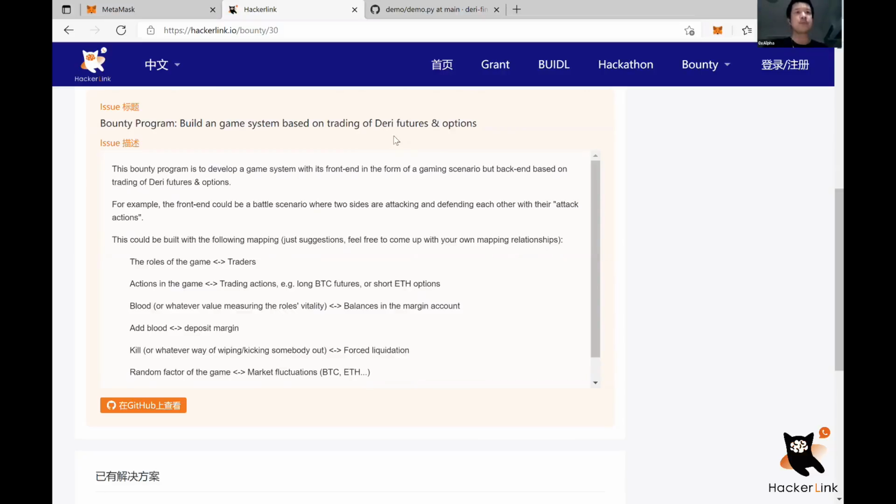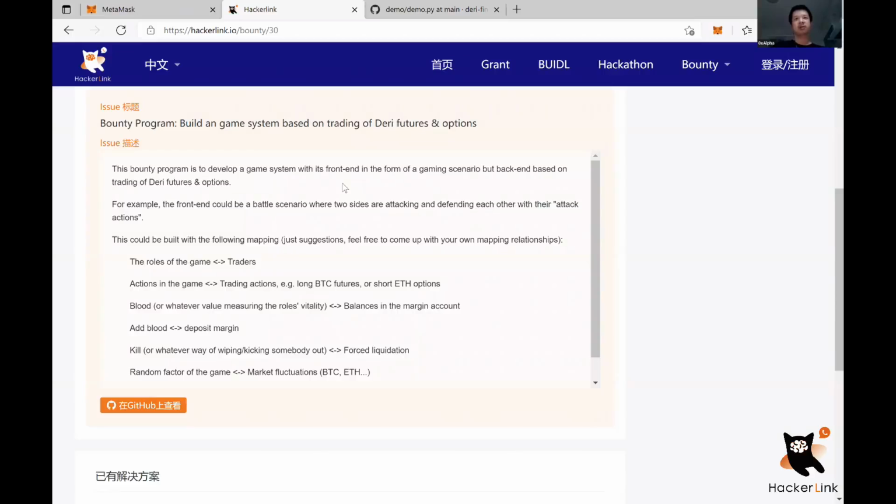And so this bounty program is to develop a game system with its front end. The major thing that you're going to do is the front end. You will need to come up with a front end that is on top of our trading smart contracts.